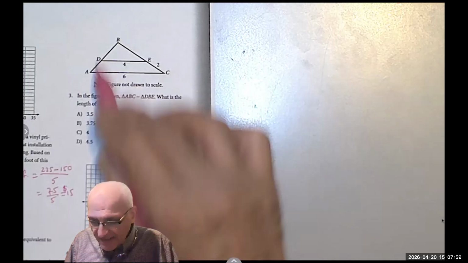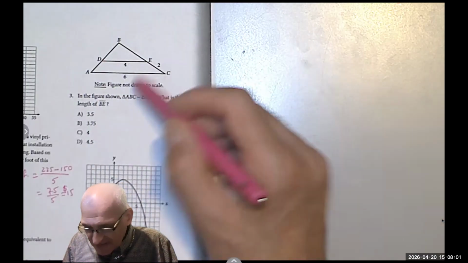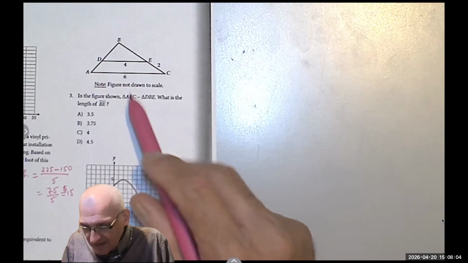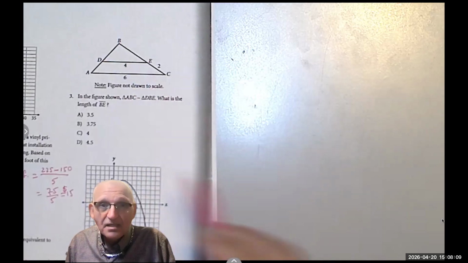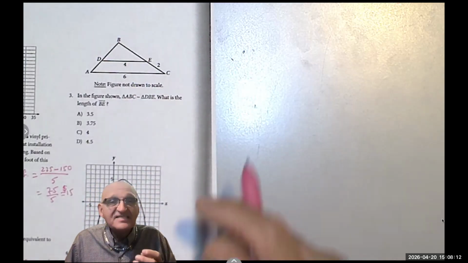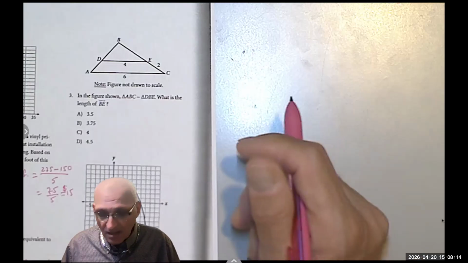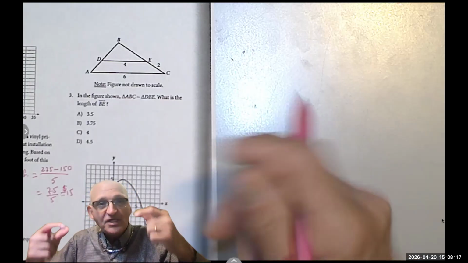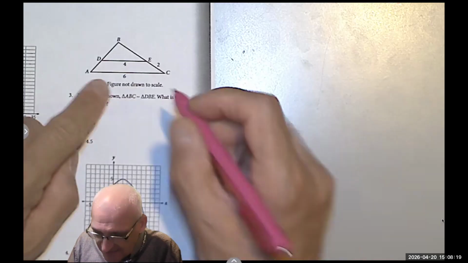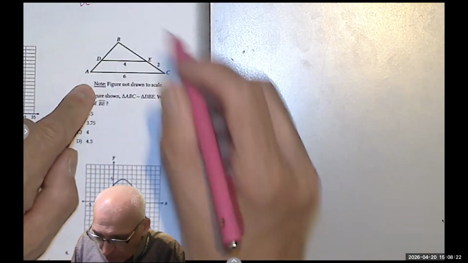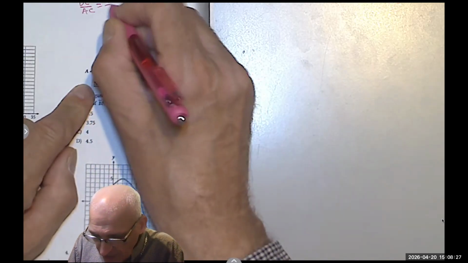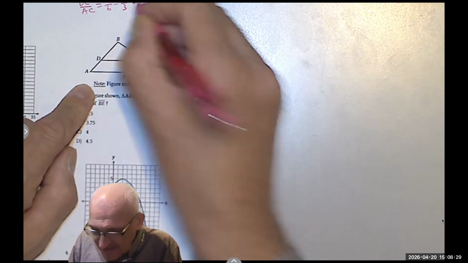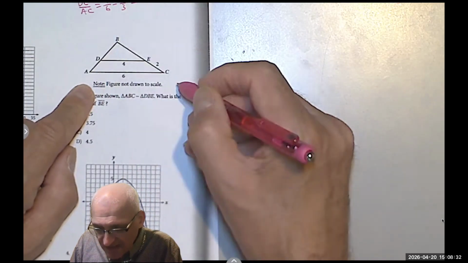Okay, the triangle is not drawn to scale. They give you these distances, and triangles ABC and DBE are similar, meaning they have the same angles. And you know, for similar triangles, the ratio between the sides is constant, meaning DE over AC, which is 4 over 6, or 2/3, is the same as BE over BC, is the same as BD over BA, and so on and so forth.